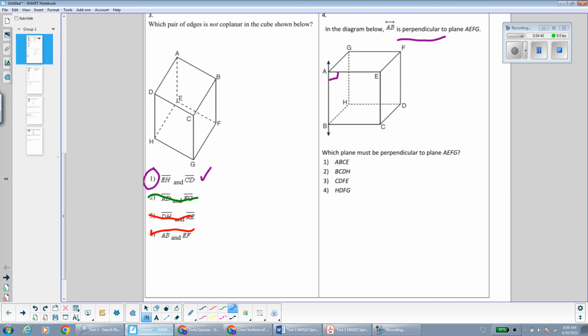Based on the given information, I see that this plane forms a right angle with this plane. So that would be answer choice number 1. ABCE is perpendicular to plane AEFG.